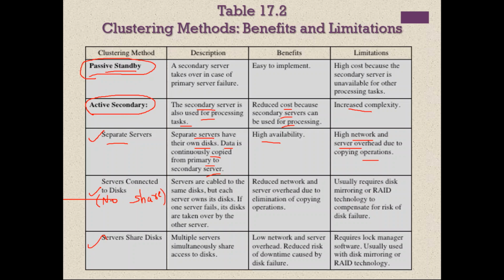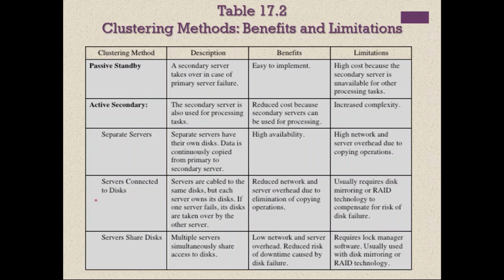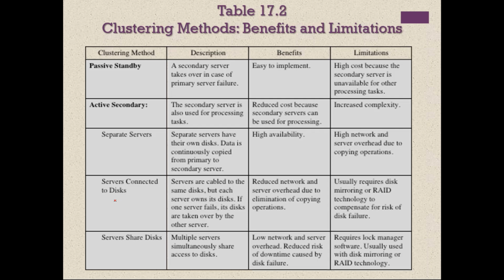Then the next method is servers connected to disks. This is also called no share. Here again we'll have two servers. Servers are cabled to the same disks, but each server also will have their own disks. If one server fails, its disks are taken over by the other server.